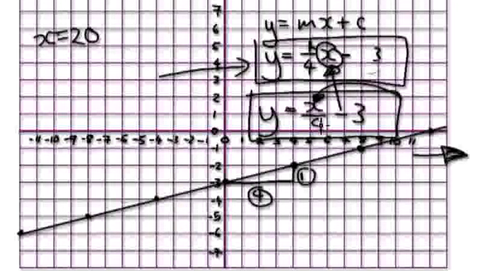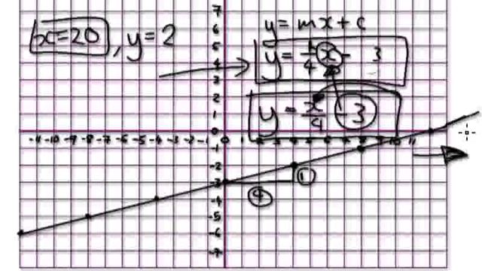So it's 20 divided by 4, which is 5. 5 minus the 3 here would be 2. So when x is 20, y will be 2. What that means is if you were to extend this line here, when x is 20, y will be 2. And you can also extend this way as well.